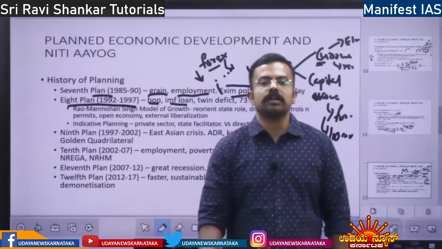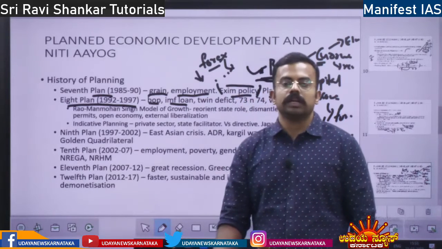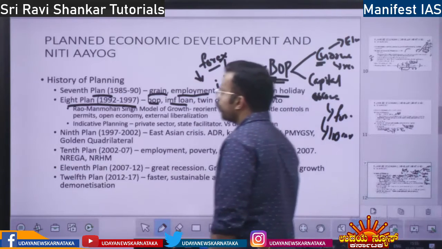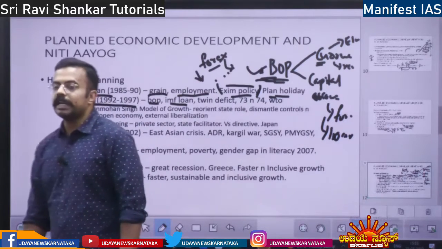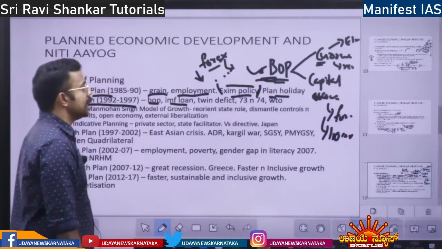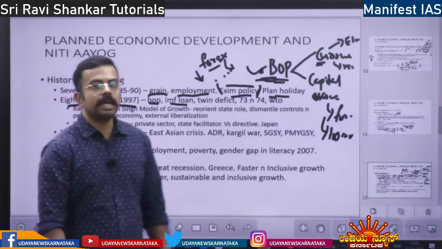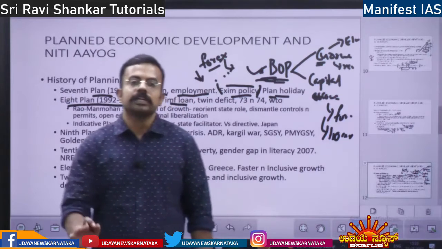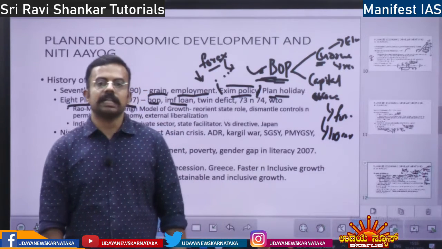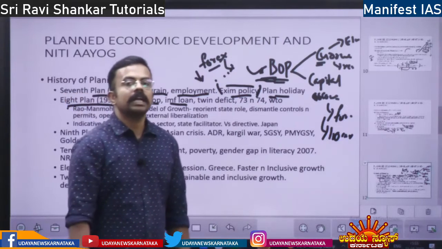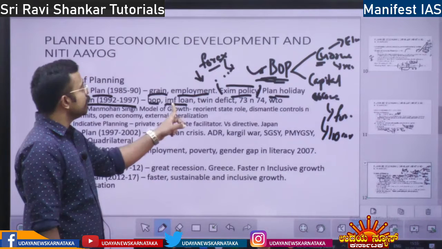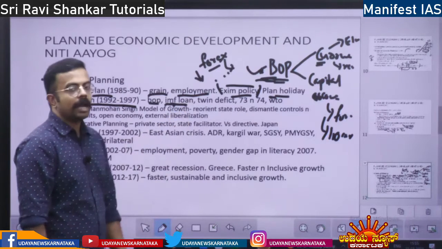In order to repay that loan, if India doesn't repay, it will lead to a sovereign debt crisis. Sovereign debt, that is, when a country itself is not able to pay back the debt, that is called a sovereign debt crisis. So, in order to avoid that, India takes a loan from the IMF.